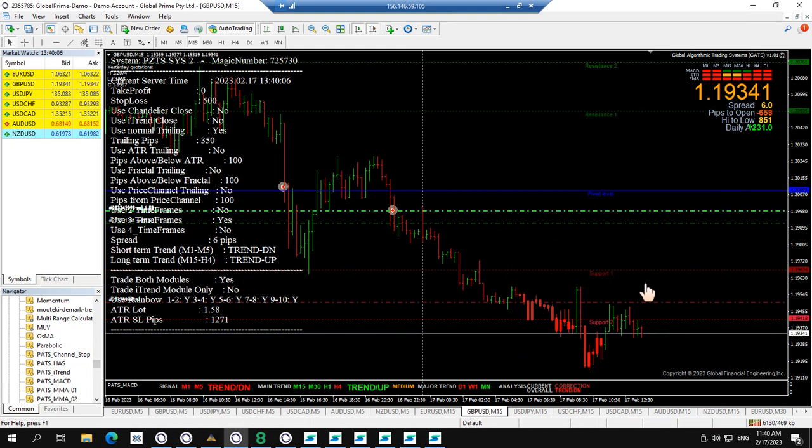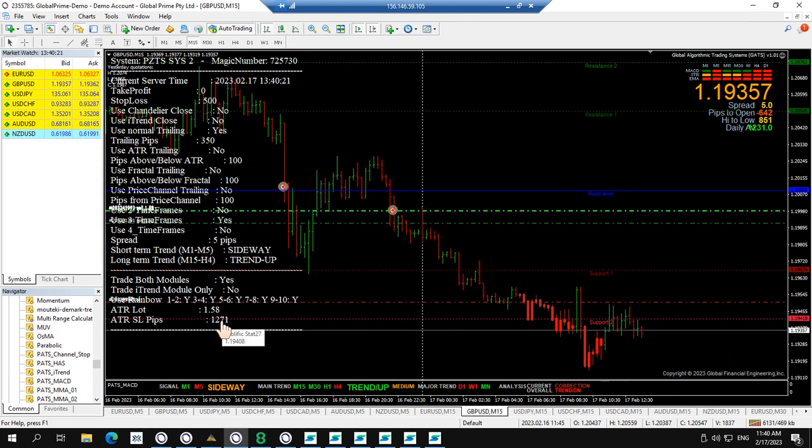Now, we could deactivate the normal trading and just use the ATR trailing. But I've noted that as the market expands, the ATR trailing stop would also expand. And hence, based on research and analysis of the various matrix, we would possibly be giving up too much to the market if the trend reverses.